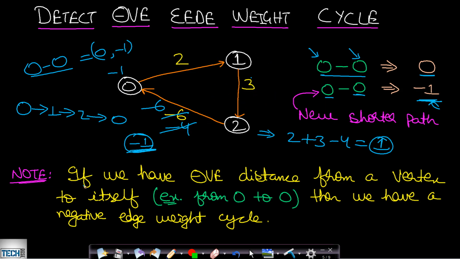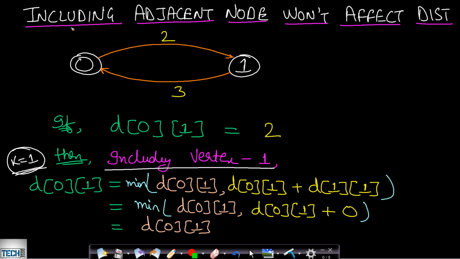So the thing to note here is, if we have a negative distance from a vertex to itself, for example from 0 to 0 in this case, then we have a negative edge weight cycle. For this graph here, the 1 to 1 distance as well as the 2 to 2 distance will also come out to be negative. Now the important thing to note here is, including an adjacent node won't affect the distance values.